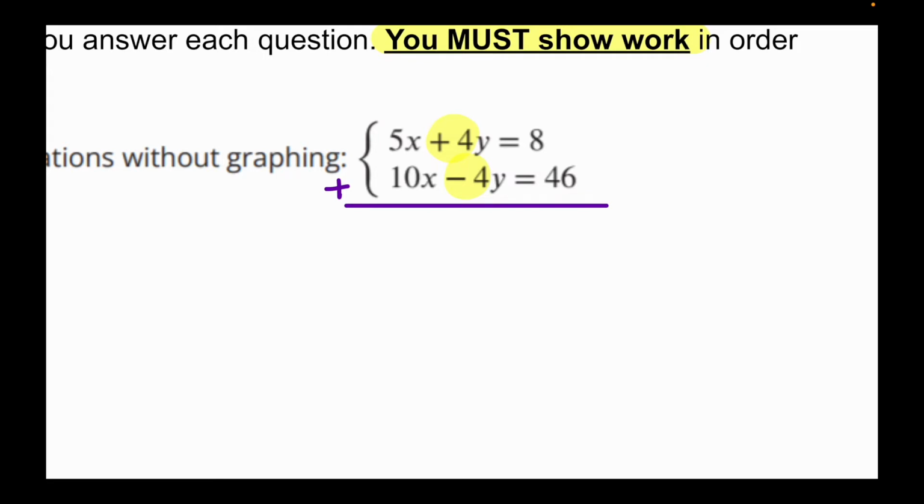So 5x plus 10x, that would give us 15x. These two would create 0y, and then this would be equal to 46 plus 8, I believe, is going to be 54. Yeah, 54.